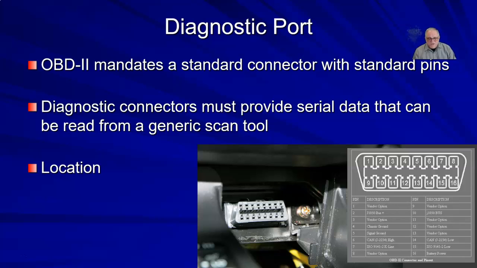For some reason with this CAN system, if pin 16 does not have battery voltage, it won't communicate. When I was working with the Department of Ecology in the state of Washington, and we had our emission test program and our OBD2, most of the OBD2 vehicles that had no communication, it was because the fuse was blown to pin 16.